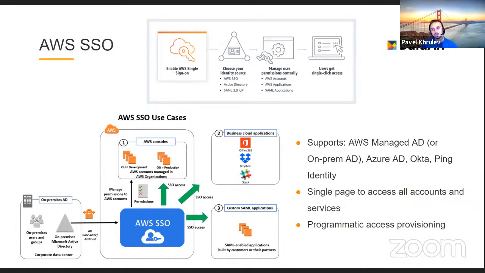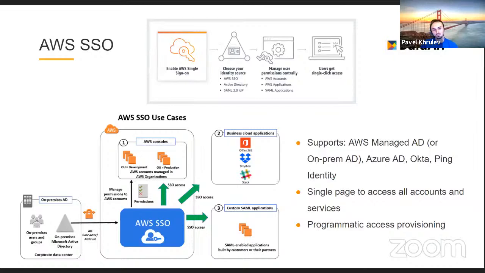Before that service was introduced, you had to go to each account, create an identity provider there, then create a role, attach it to this identity provider, and then through the AWS console, you could log in with your credentials of your identity provider to this account. Then you have to go to another account and do the same things there. With AWS SSO, you can do this centrally.